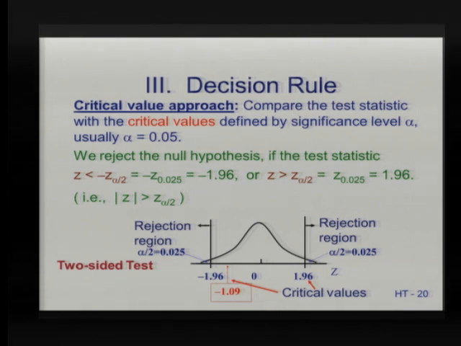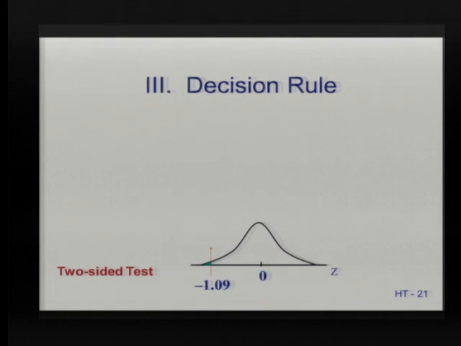Okay, so what is the p-value approach then? You got this test statistic over here, negative 1.09. What is the p-value? The p-value is, when the null hypothesis is true, the probability of observing evidence that is as extreme or more extreme than the one that you actually observed. So that will be this tail area.